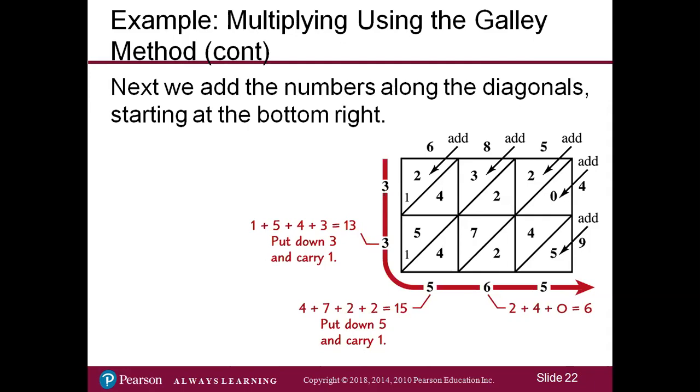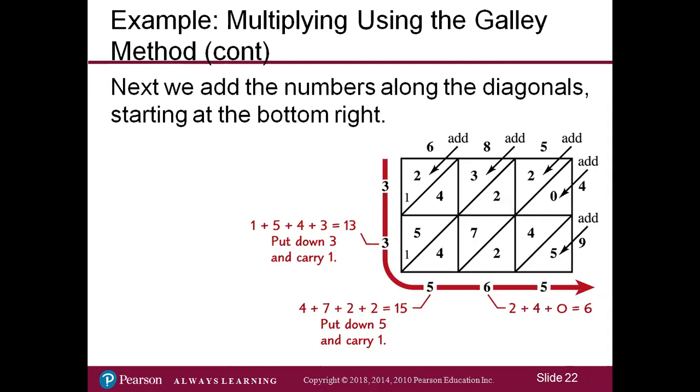So the 5 is what's inside the box, and that comes down into what becomes the ones place, right? So this is now place value, but it's all on a diagonal. So the 2 plus the 4 plus the 0 in the next diagonal sums to a 6. The 4 plus the 7 plus the 2 plus the 2 in the next diagonal sums to a 5.